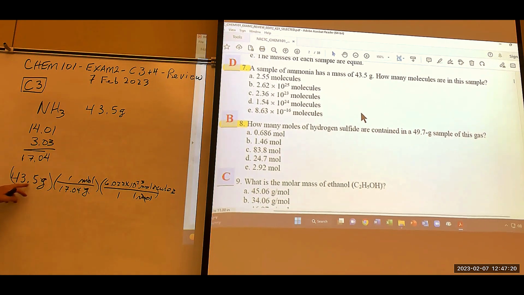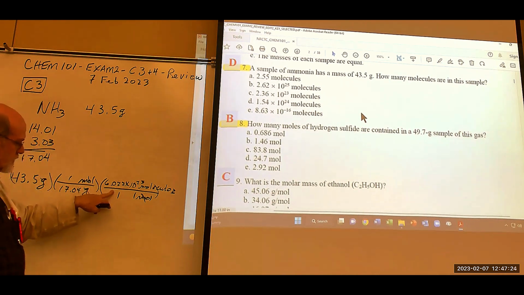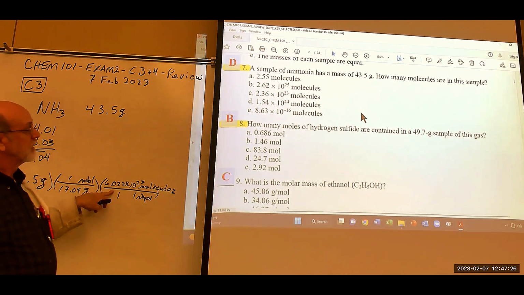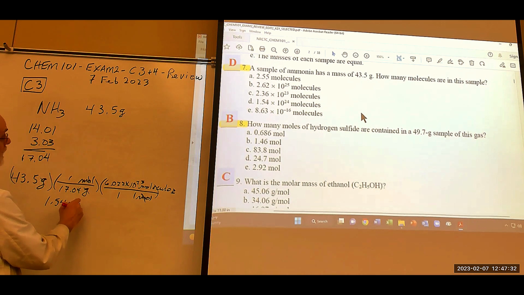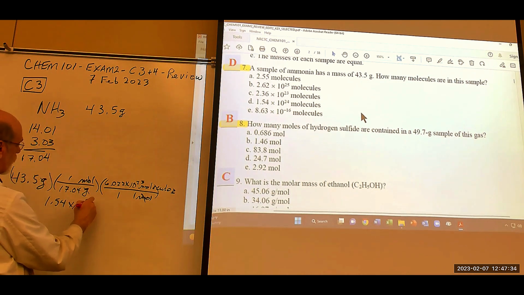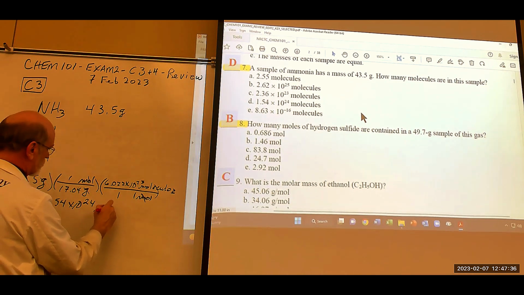So 43.5 divided by 17.04 times 6.022 times 10 to the 23rd should give us 1.54 times 10 to the 24th molecules.